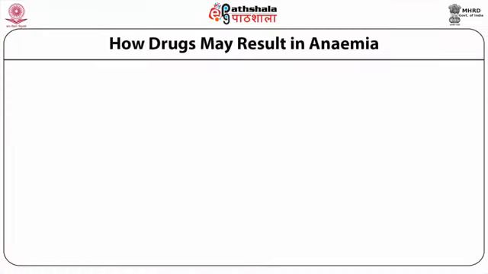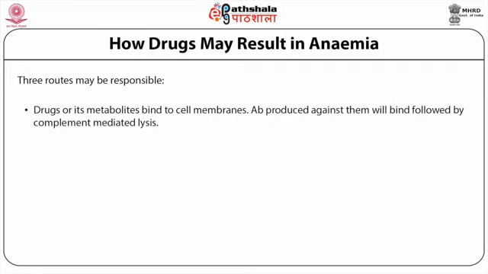Drugs can produce immune response against blood cells including erythrocytes and platelets. Three routes may be responsible. In the first route, drugs or their metabolites bind to cell membranes. Antibody produced against them will bind, followed by complement mediated lysis.